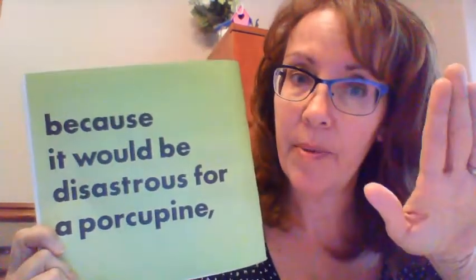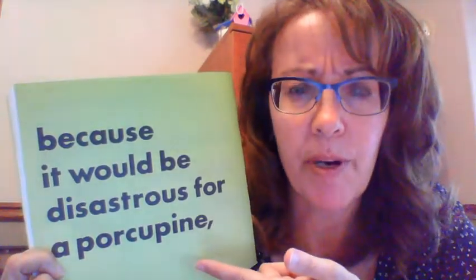So we're going to stop here. Okay, let's make an inference. Why would it be disastrous for a porcupine to wear clothing? Well, I know that animals usually don't wear clothing, and I know a lot about porcupines. I know porcupines are small, that they're low to the ground, and that they have quills.